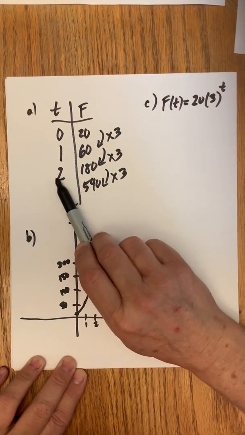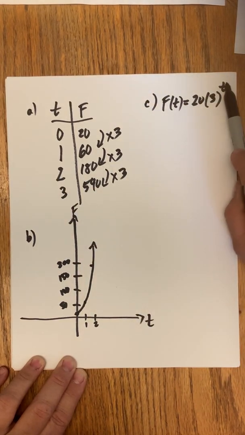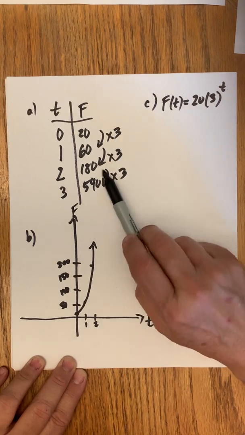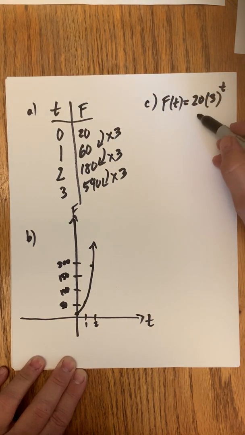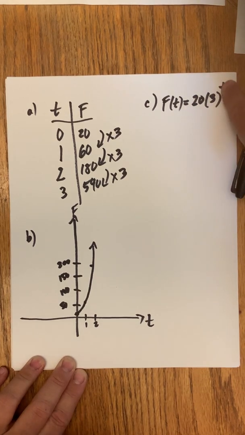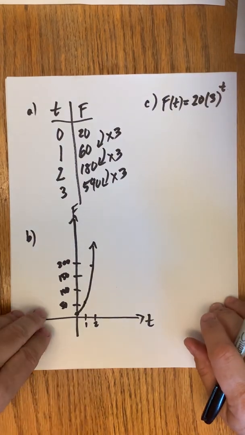If it was the second week, T is 2, you have 3 squared, right? So you multiply by 3 and 3 again, and so on. Also be careful here: you can't bring the 20 into the 3. The T only applies to the 3, so you can't make this 60 to the T, okay?